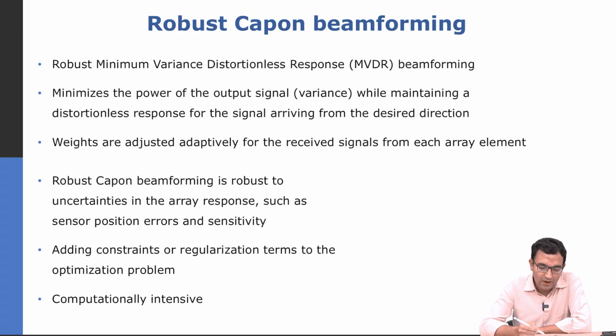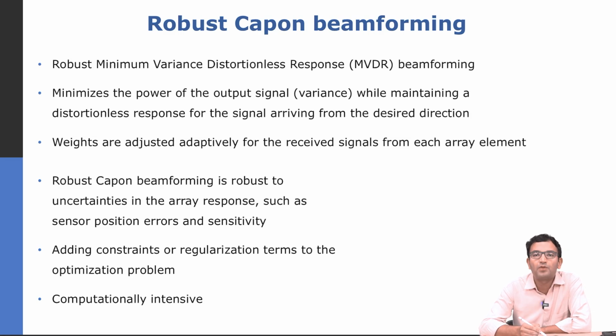If you have an array where the array elements are not equally sensitive, there may be some difference in element gains, or let's say one of the elements because of some physical damage is only half as sensitive, then the reconstructed image using standard Capon beamforming will be very noisy, sometimes even imperceptible.